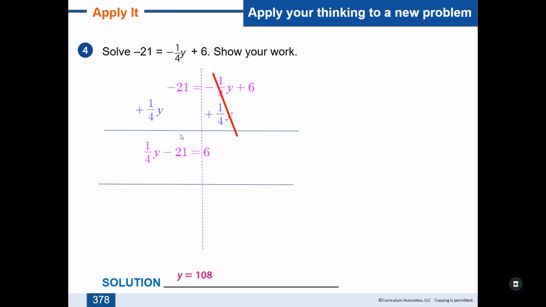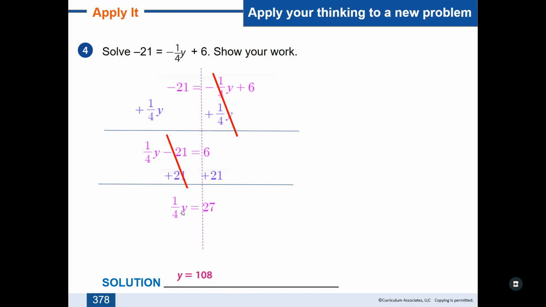Our next step is to get the 1/4 y term by itself. So I'm going to add 21 to both sides. When I add 21 to both sides, the negative 21 plus 21 cancels out. Then I bring my 1/4 y down, and I add 6 plus 21 to get 24. Right now I'm multiplying 1/4 to y.